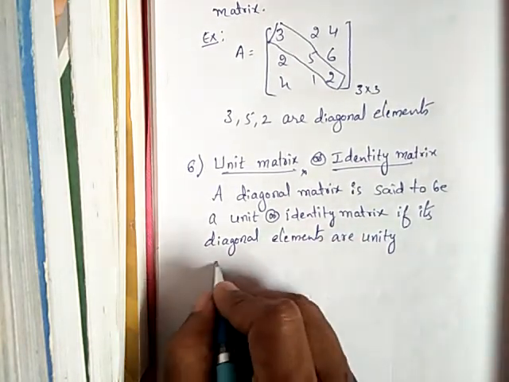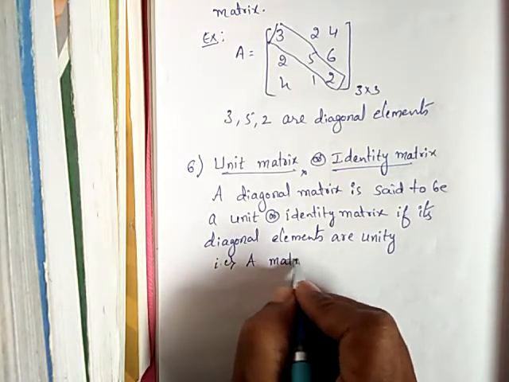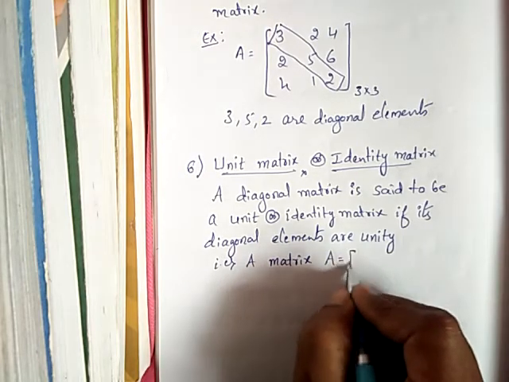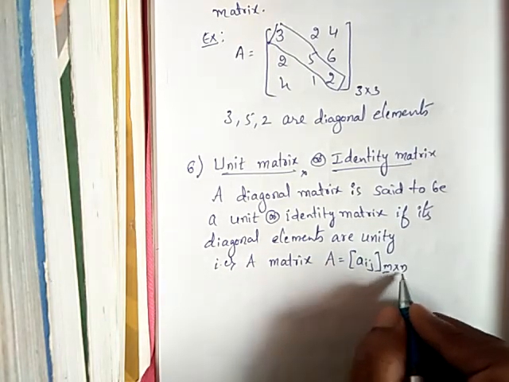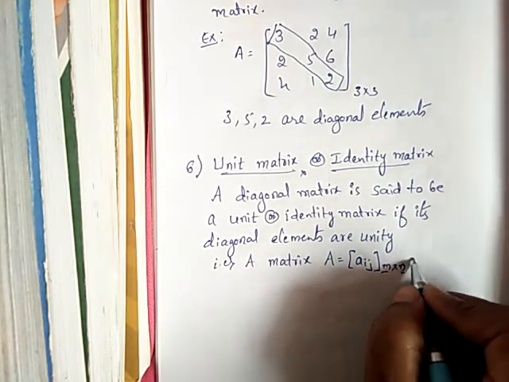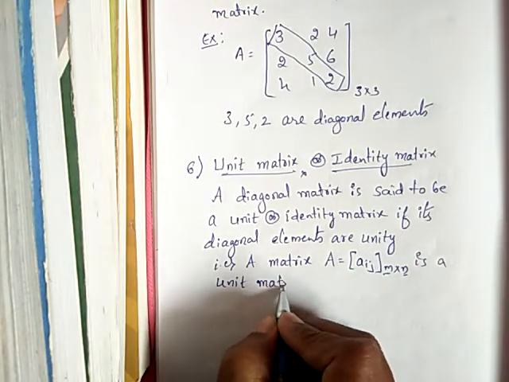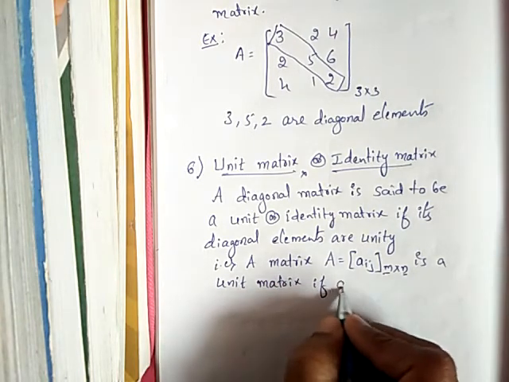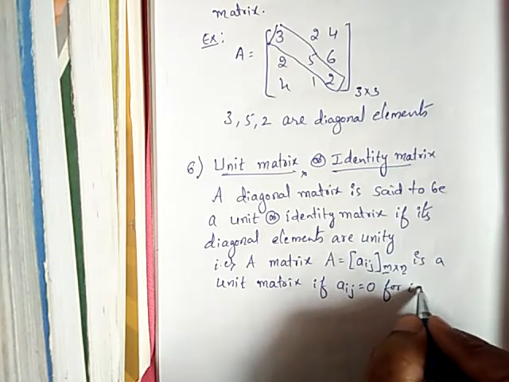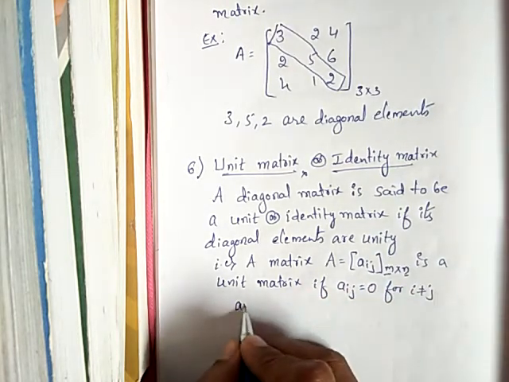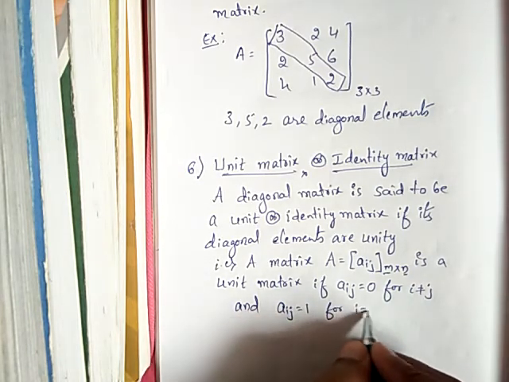So in another way we can say, a matrix A equal to aij, which is of order m by n, m rows and n columns, is a unit matrix if aij is equal to 0 for i not equal to j and aij is equal to 1 for i equal to j.